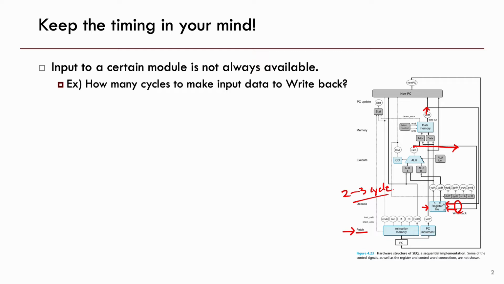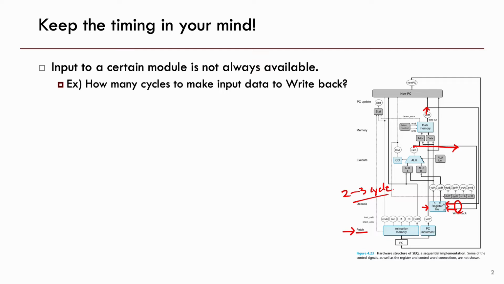Okay, and if we don't care about this timing, and we always take this input data and write to the corresponding register, then it may corrupt data in the register file and mess up some execution, right?